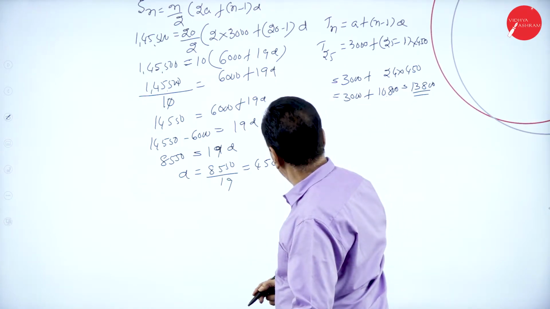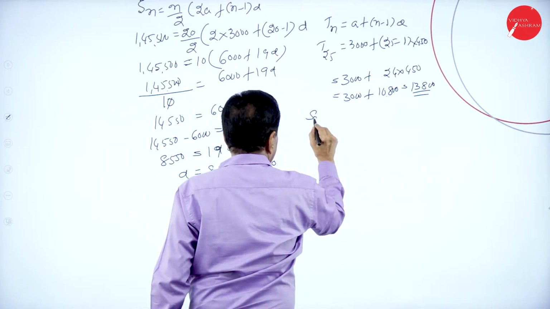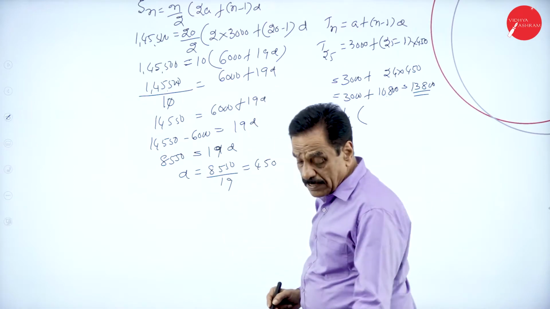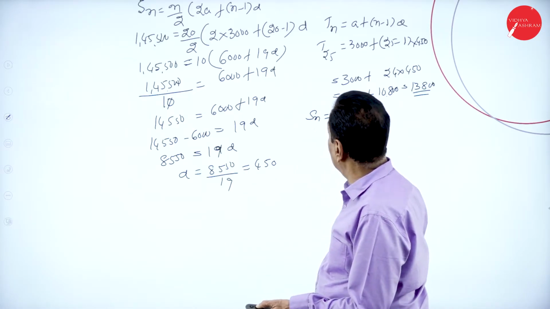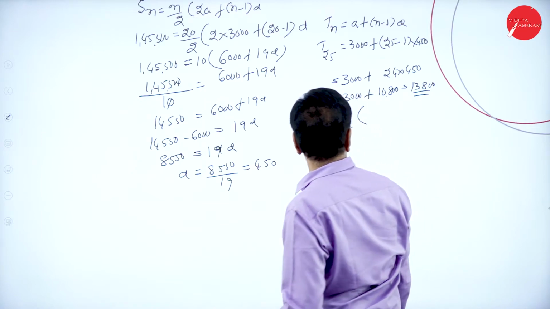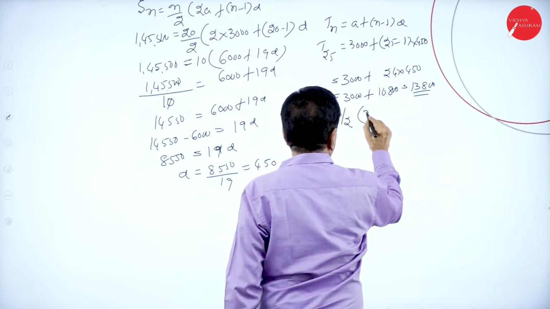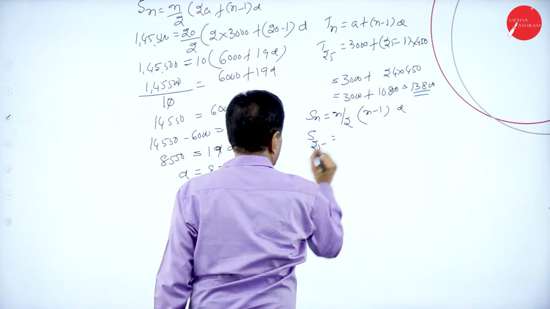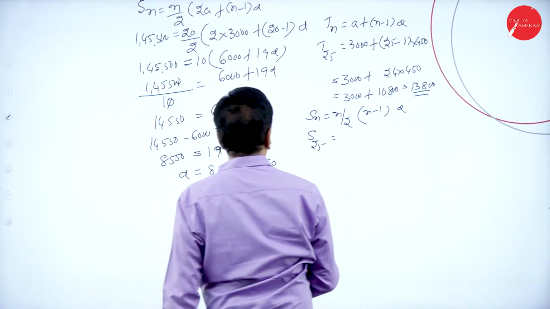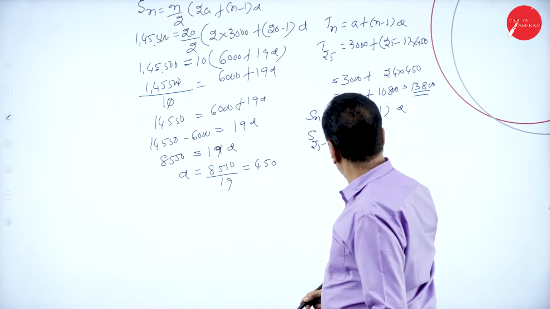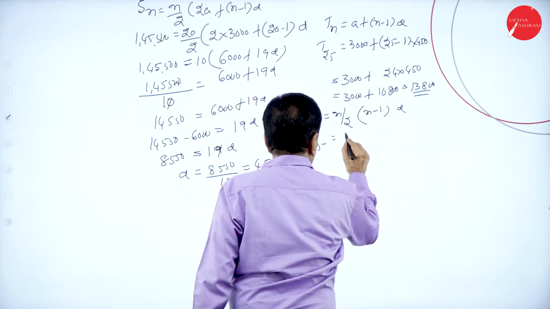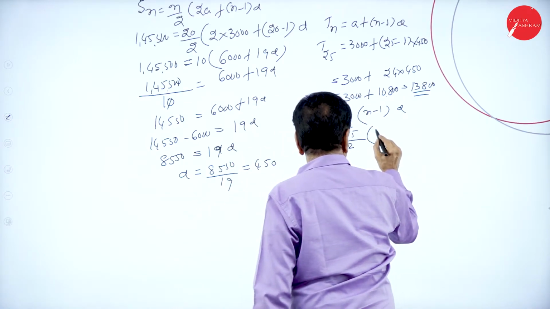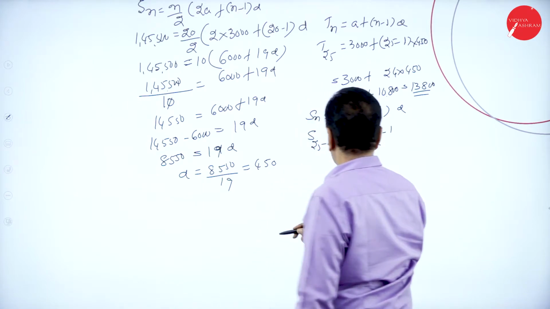Then summation. Sn is equal to n by 2. For how many years is he asking? 25th year. N by 2, n minus 1 into d. S25. What's the total summation he says? He wants the total. N is equal to how many years? 25 years divided by 2. Number of years is 25 minus 1.